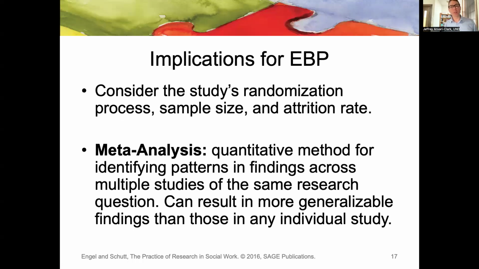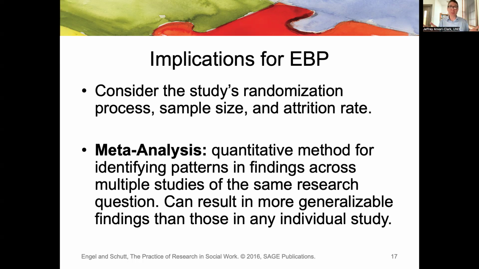So next, implications for evidence-based practice. One is, we need to consider randomization. How did that take place? Were people kind of all the same, or were we able to bring a degree of systematization to that?